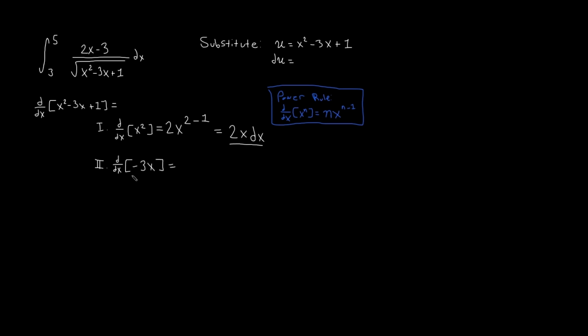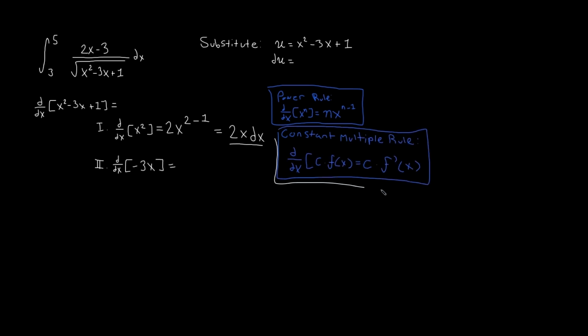How can we take the derivative of negative 3x? Well, negative 3 is a constant, and then x is a function. So we're going to apply the derivative constant multiple rule. Here we have the derivative constant multiple rule. The constant in this case is going to be negative 3. So we'll have negative 3 times the derivative of x.